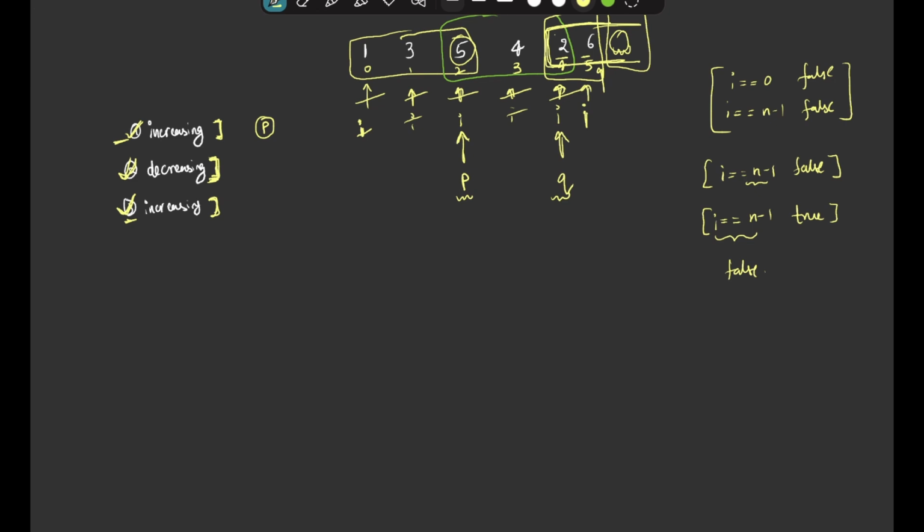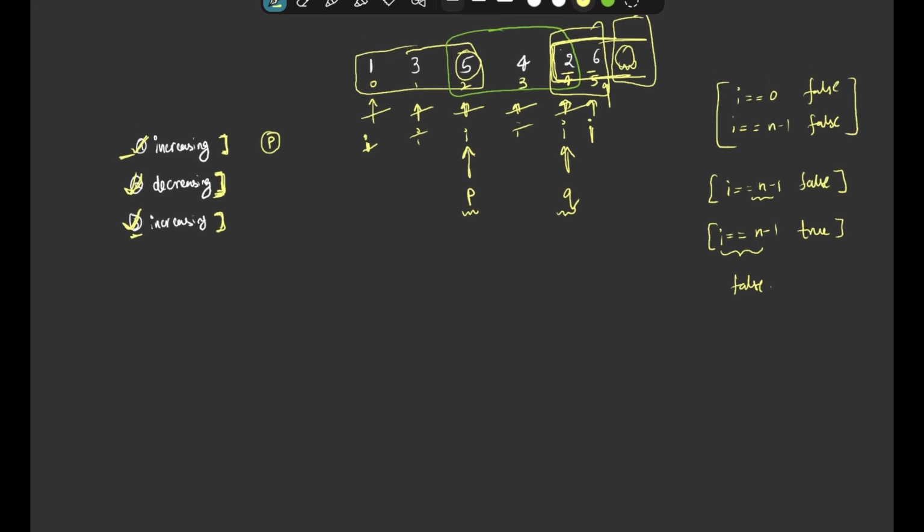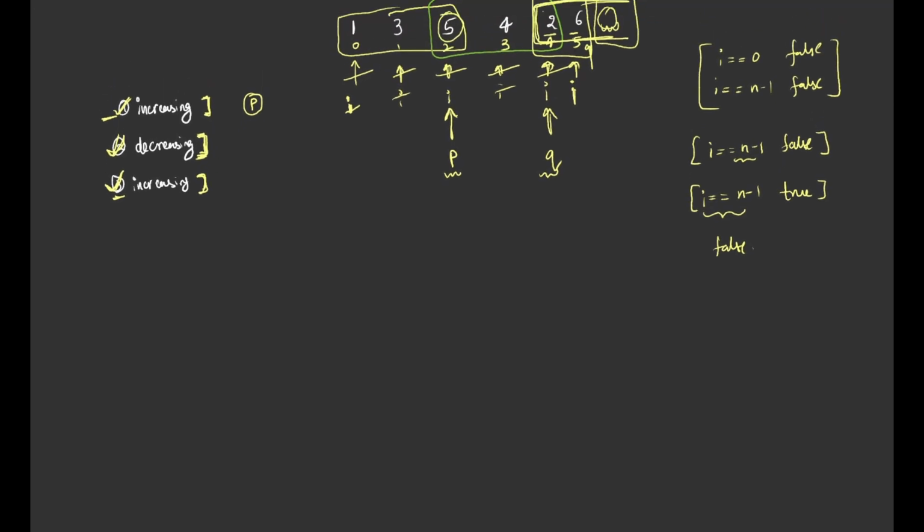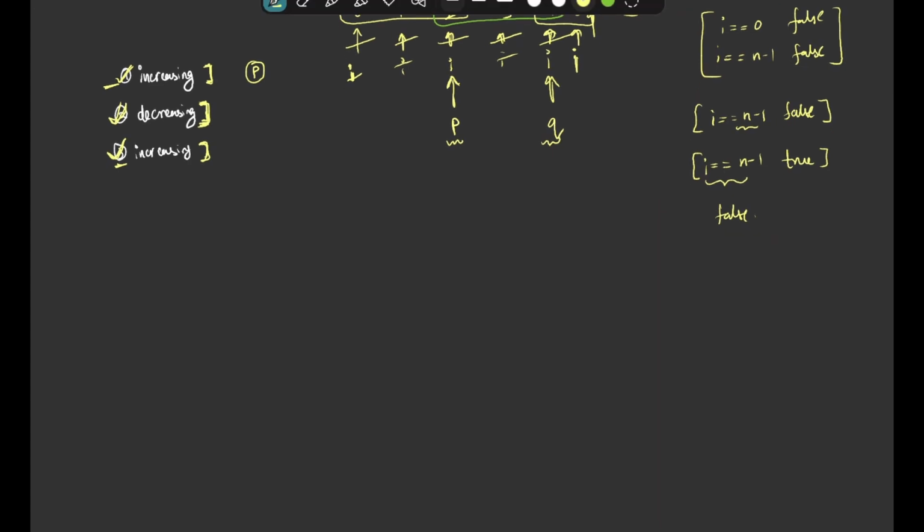Now what we will do is write the pseudo code for this question, which is simple and easy, based on these conditions. First thing is for increasing.